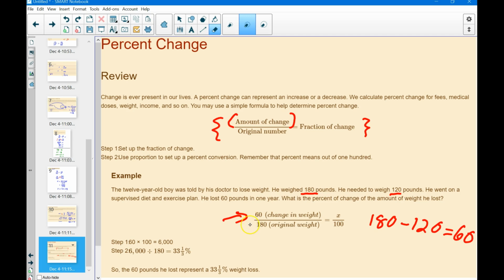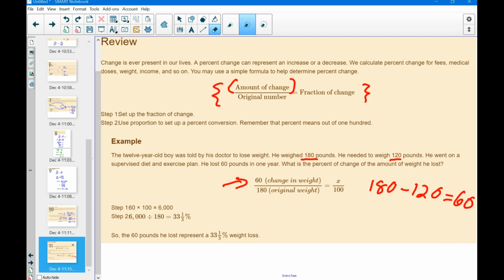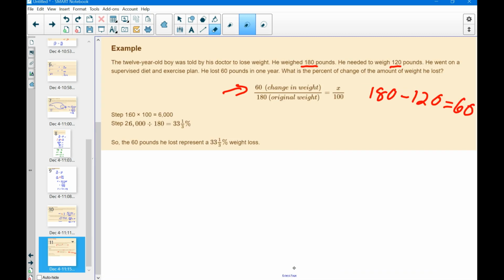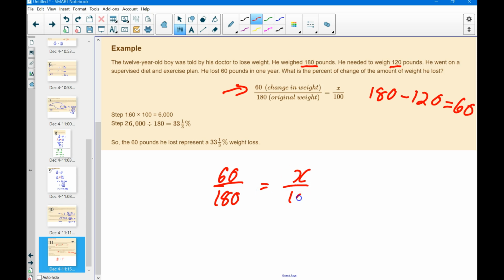So then it's the change in weight divided by 180, which is original weight, that times 100, and then you get your percent. So then it basically comes down like this. We have 60 over 180 equals x over 100.